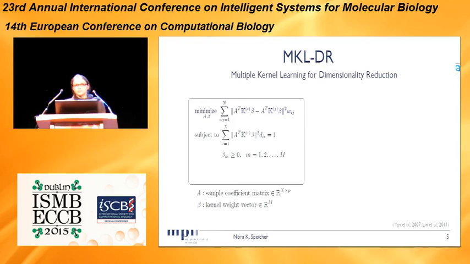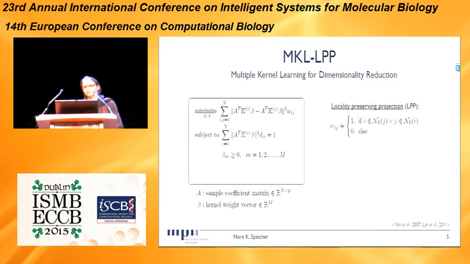This graph preserving criterion depends on the weight matrix W, and this weight matrix determines which dimensionality reduction scheme is implemented. So we decided to choose a local method, locality preserving projections. This is based on the k-nearest neighborhood of each sample, and so the weight matrix W just represents the k-nearest neighbor graph of our data.